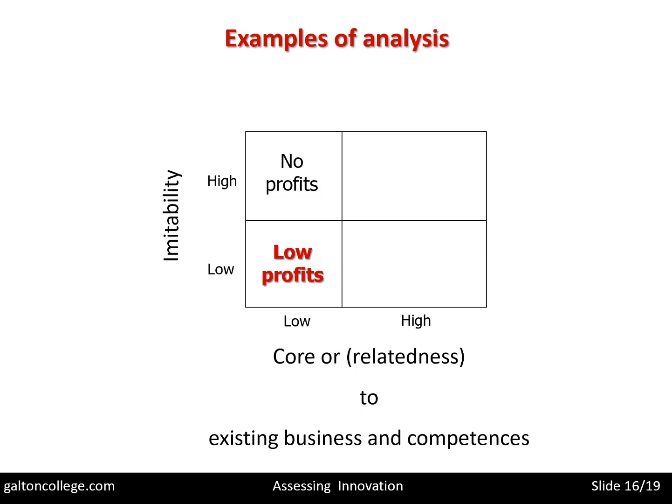If there's low imitability, in other words, it's very difficult to copy, but it's also not linked very closely to the assets of the business, to the current competencies and production of the business, then there will be low profits, because the business needs to tool up to make this.